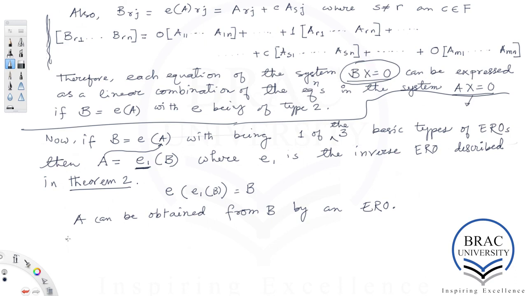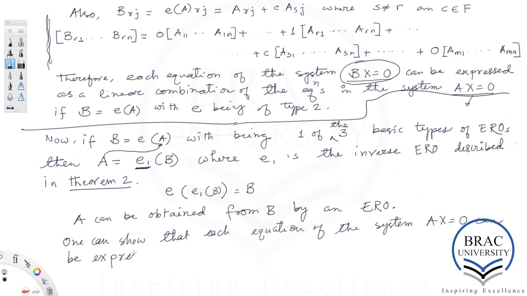each equation of the system Ax is equal to 0 can be expressed as a linear combination of the equations in the system Bx is equal to 0.